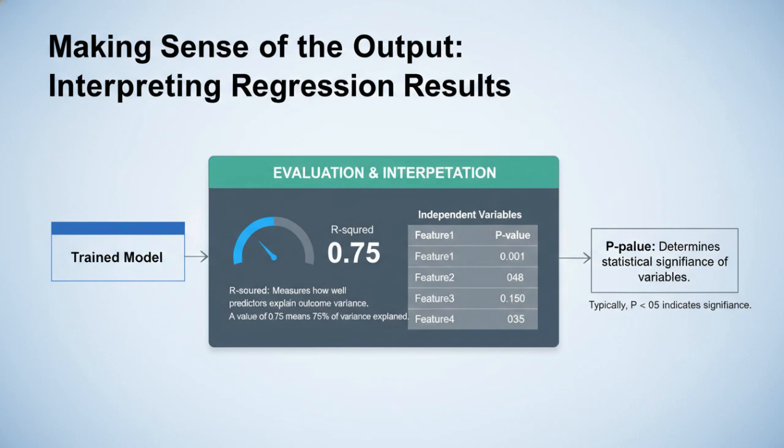Second, the p-value assesses the statistical significance of each independent variable. A p-value typically less than 0.05 suggests that the variable is statistically significant in predicting the outcome, meaning its relationship with y is unlikely due to random chance. These metrics guide us in understanding our model's reliability and the true impact of our predictors.